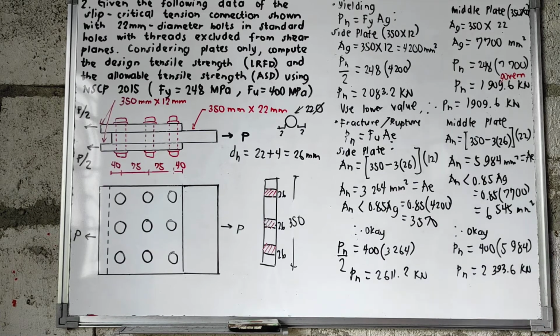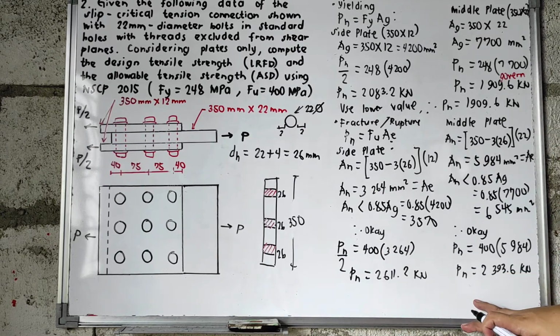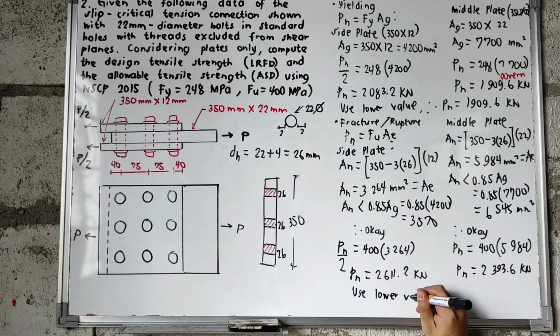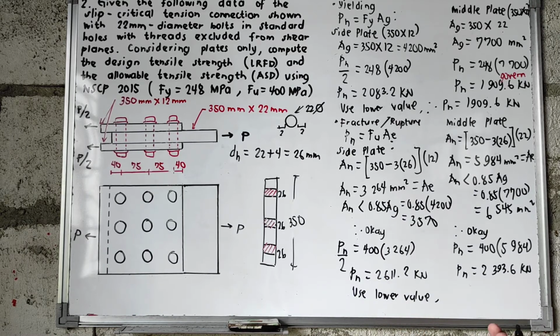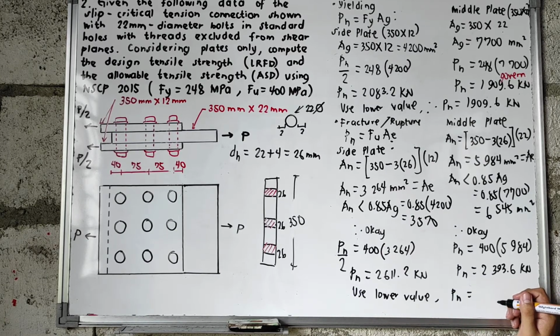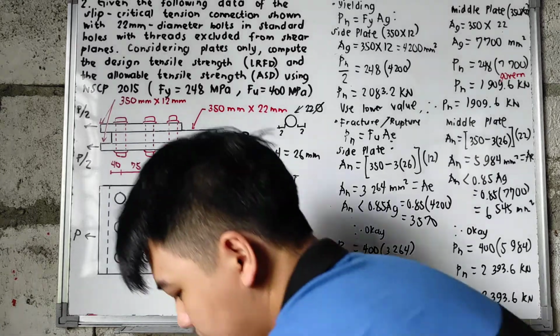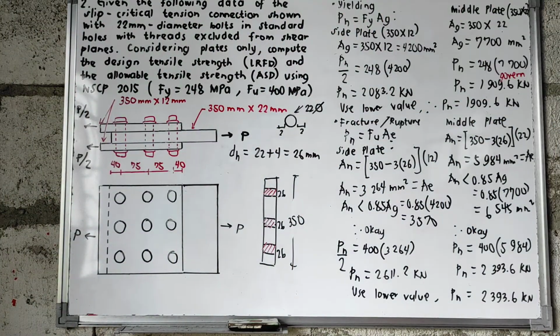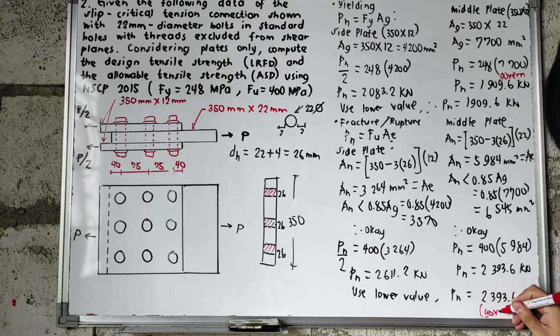So, for this one, same lang tayo dito, no? Gagamitin din natin between these two na nakuha natin considering the side plate at saka middle plate, we are going to use the lower value. So, use lower value. Therefore, yung P sub n na gagamitin natin is yung nasa middle plate natin. So, that is equal to 2,393.6 kilonewton. So, yung middle plate natin, ito yung nag-govern sa design natin.